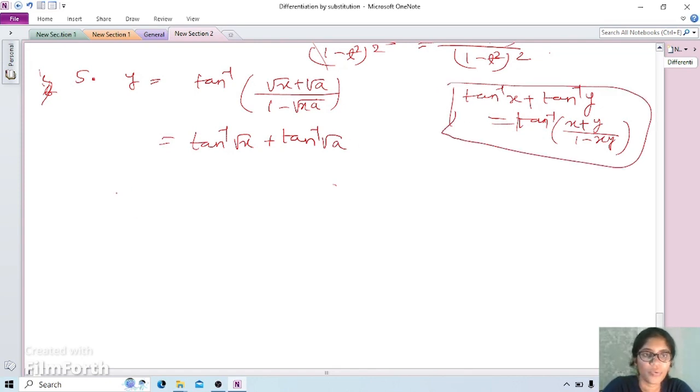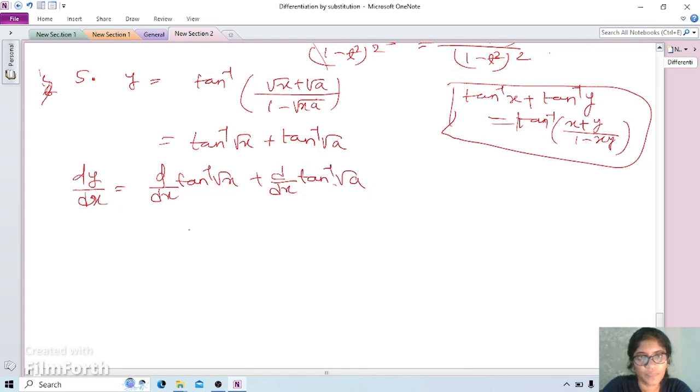Next question is question number 7. Given y is equal to sec inverse of the square root of a square plus x square, divided by a.